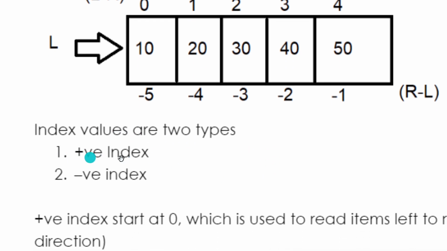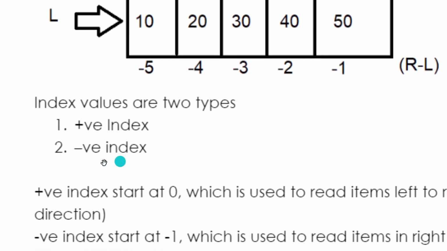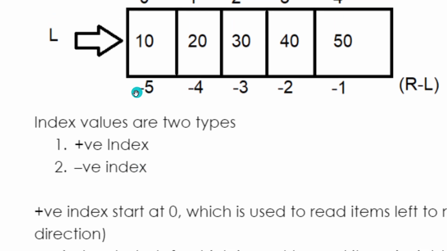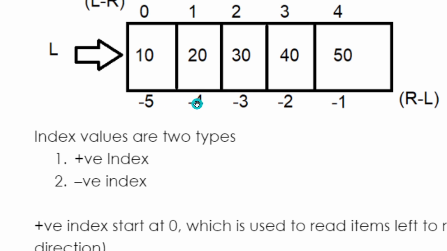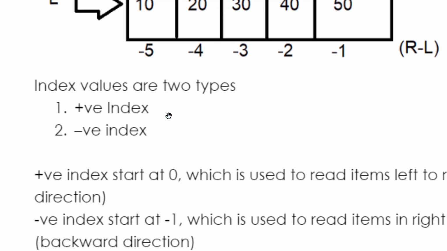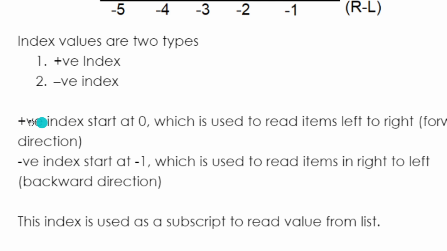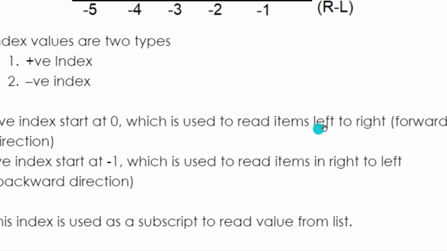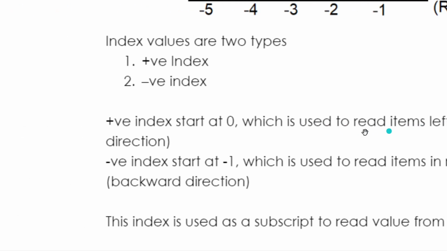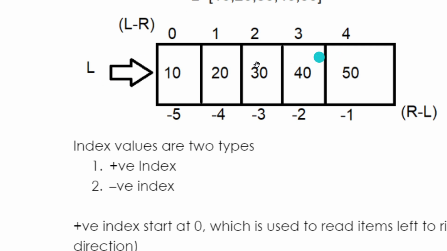So index values are of two types: positive index and negative index. But an index cannot be a float value, and it cannot be a string value. A positive index starts with 0 and is used to read items left to right, which is known as the forward direction.